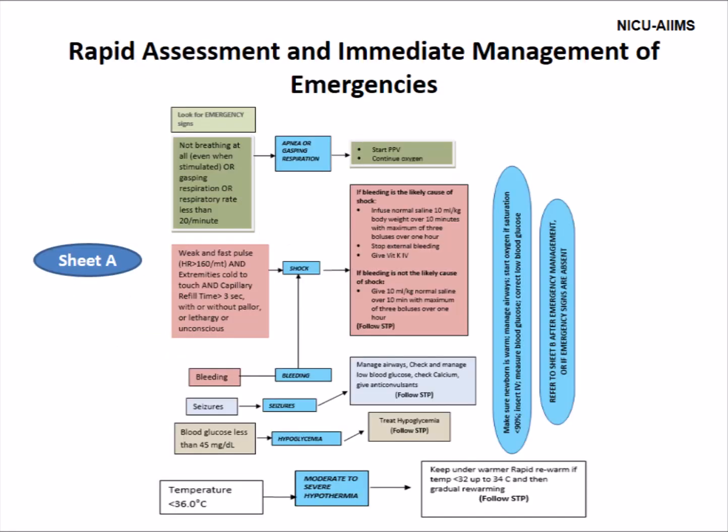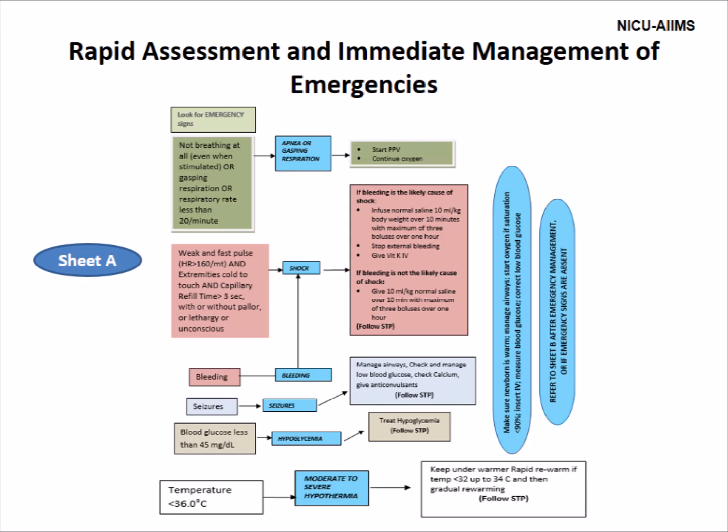Sheet A is used to evaluate all neonates for emergency signs on arrival to the hospital and to provide prompt, appropriate management. On the right-hand corner, we have the emergency signs that we need to look for in the neonate. Right in the middle are listed a probable diagnosis, and on the left side, we have the immediate management of emergencies.